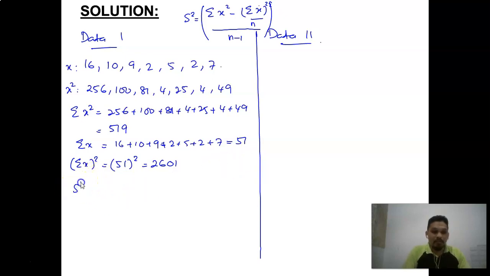So variance equals the summation of x squared, here 519, minus 51 squared, or 2601, divided by 7, and everything divided by 7 minus 1, which is 6.